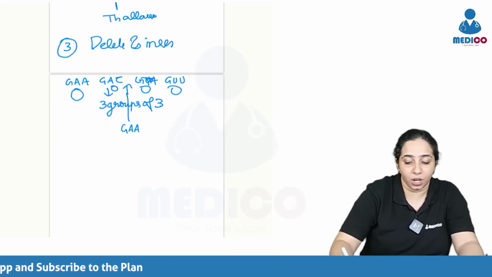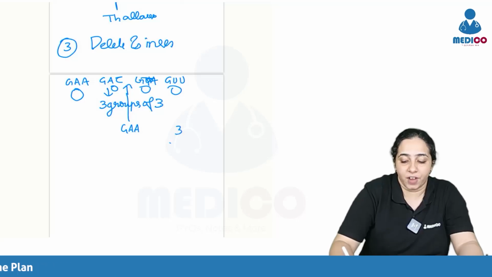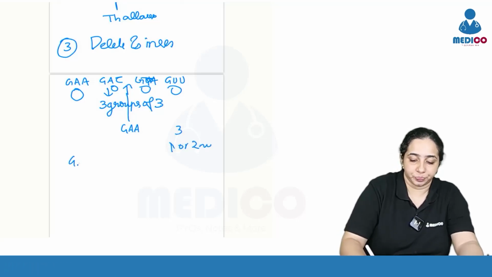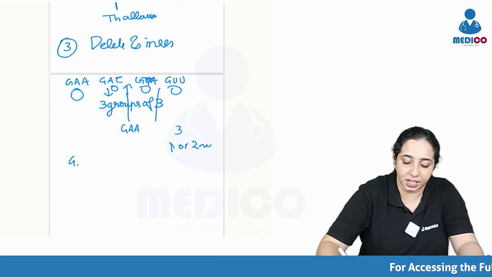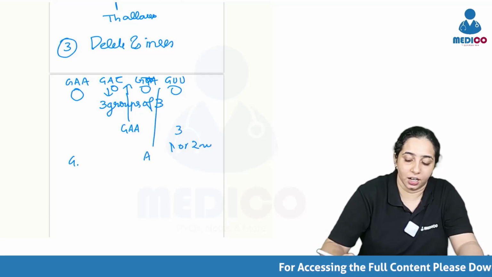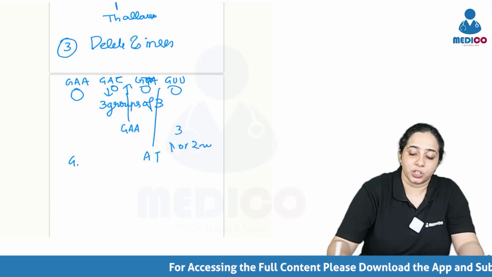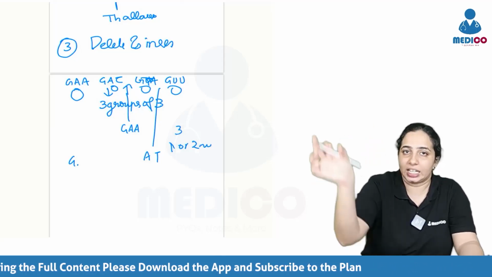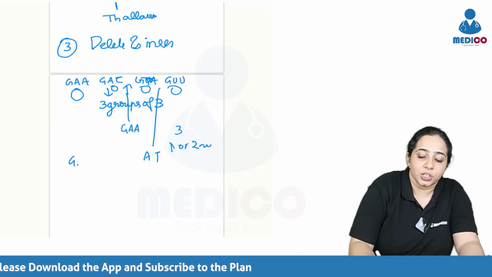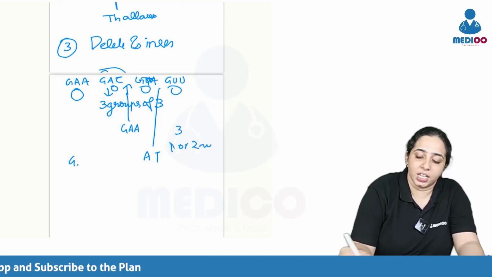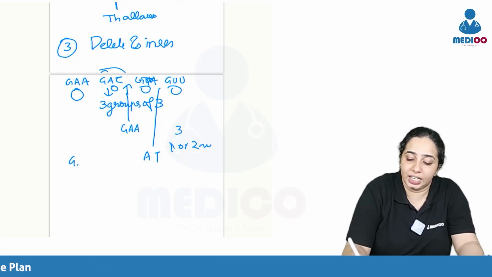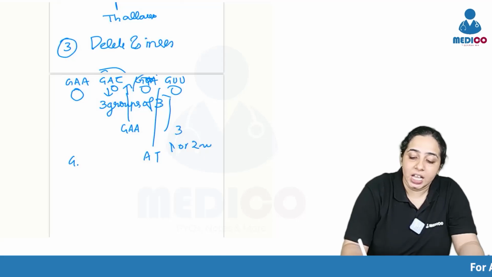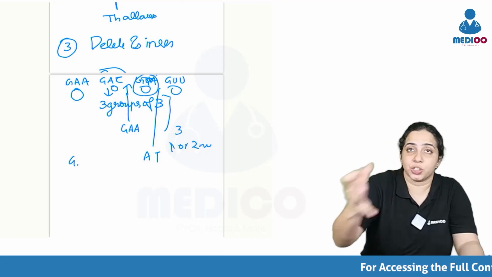But if instead of 3, only 1 or 2 nucleotides are changed, so you have an A added here or a T added here, this reading frame is always in 3, 3, 3 like that. So in GTA, if one A is added or one T is added, the entire frame is going to shift.